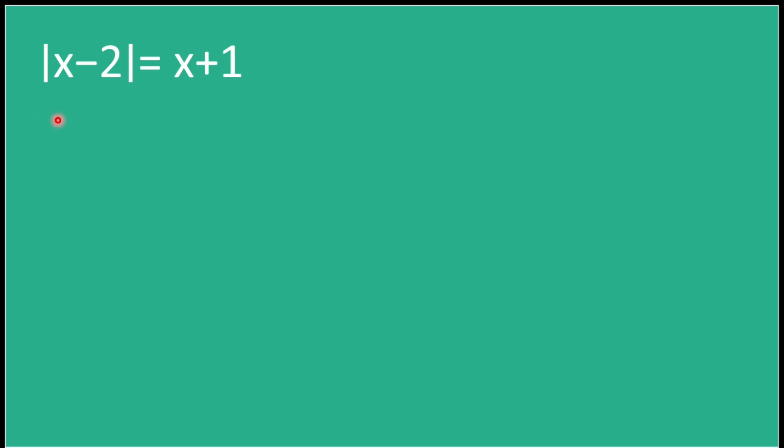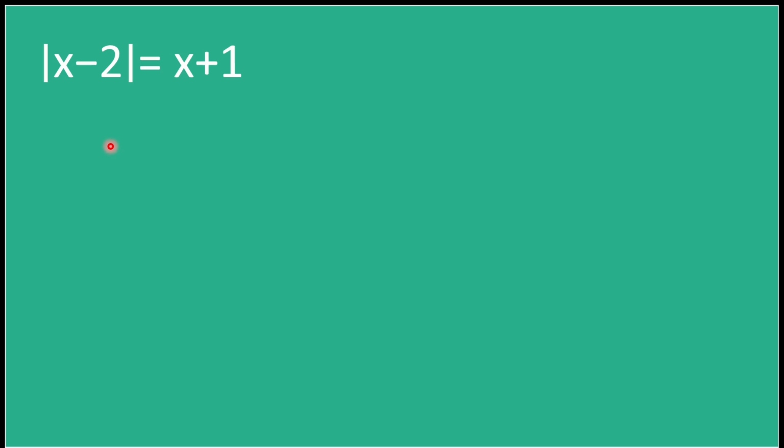So we will start the solution of this question, but before going to the solution, how do we read this value? We can write this value as the absolute value of x minus 2. This is a way of reading this. We can also read this as a modulus of x minus 2 or modulus x minus 2.